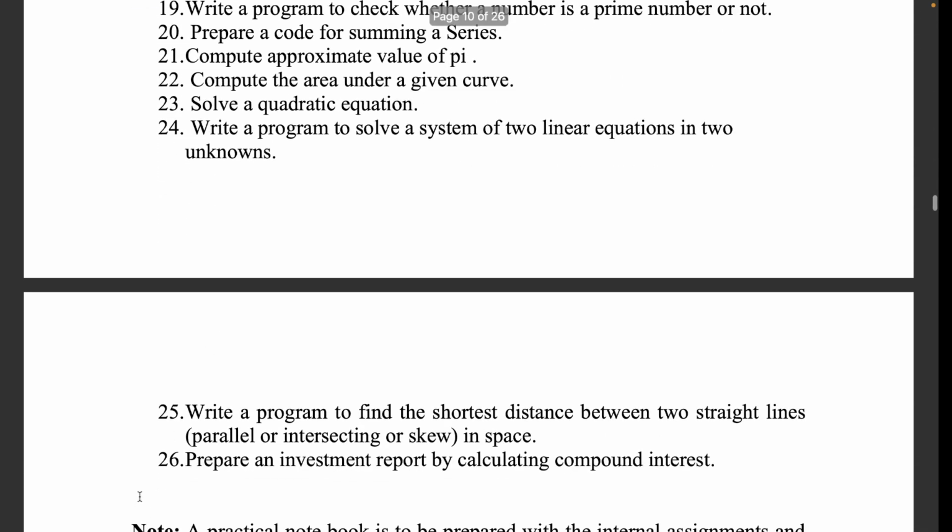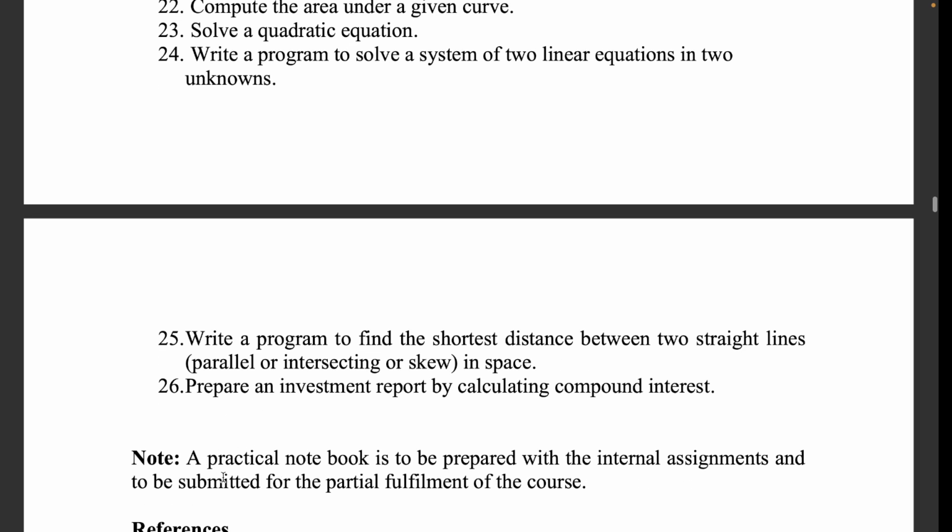So there are 26 problems. A practical notebook is to be prepared with the internal assignments and to be submitted for the partial fulfillment of the course. So you have to prepare for these 26 C programs.